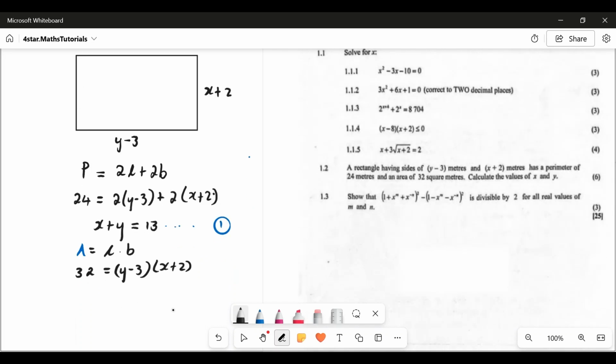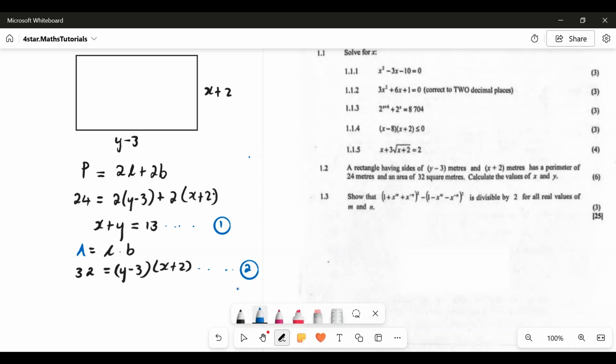We need to expand and simplify, then put it in standard form. I can either simplify or leave it here as our equation number 2.